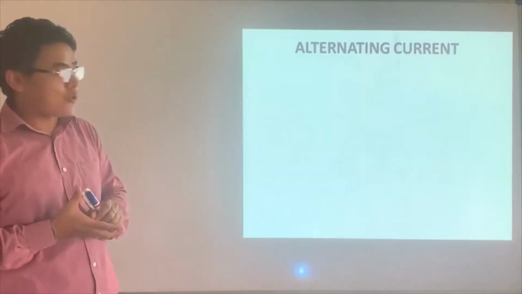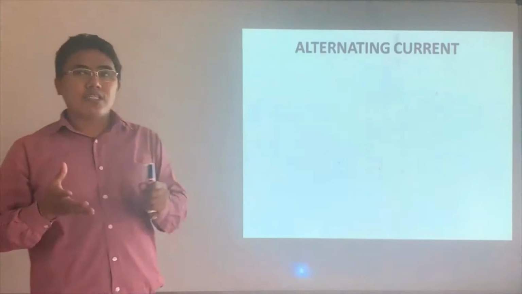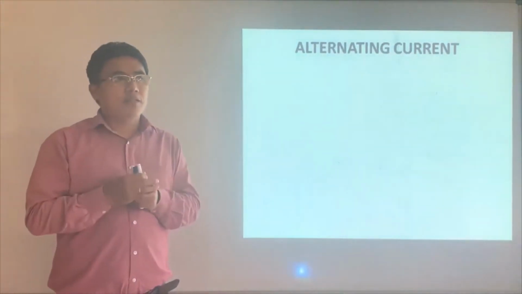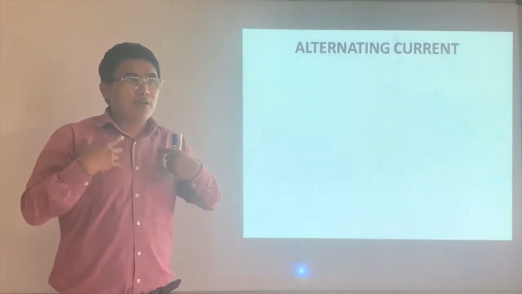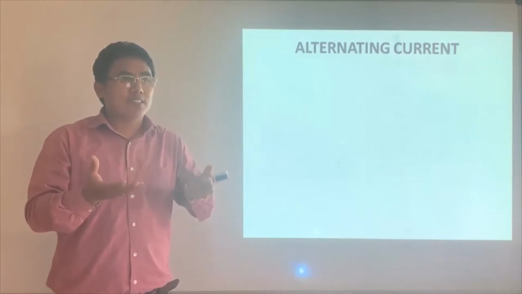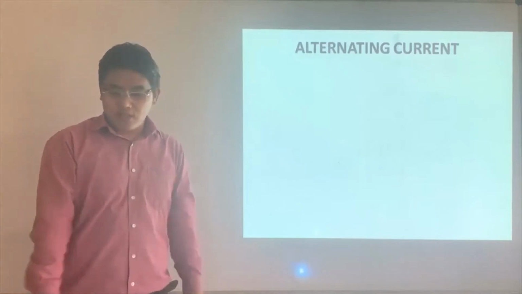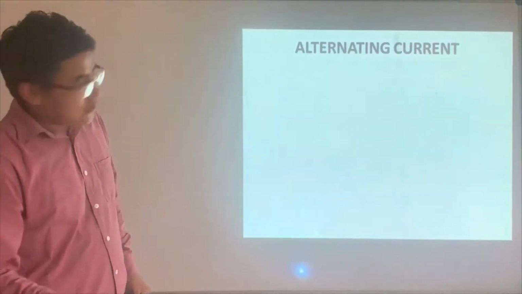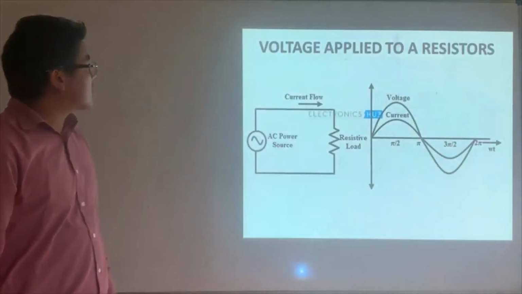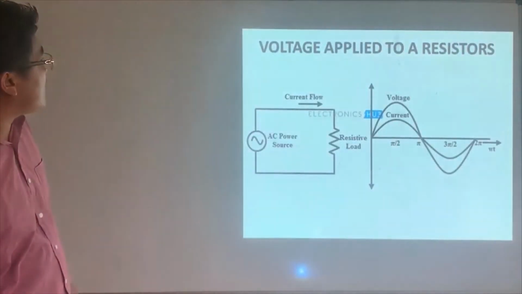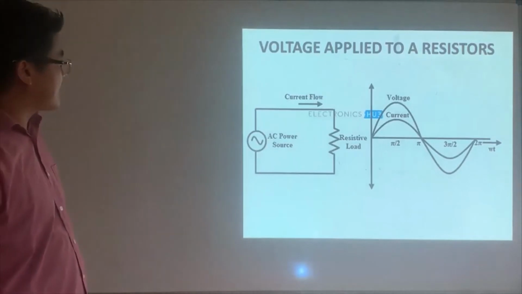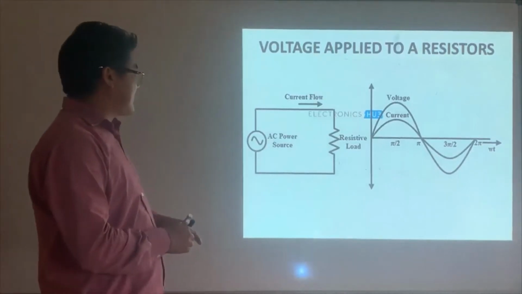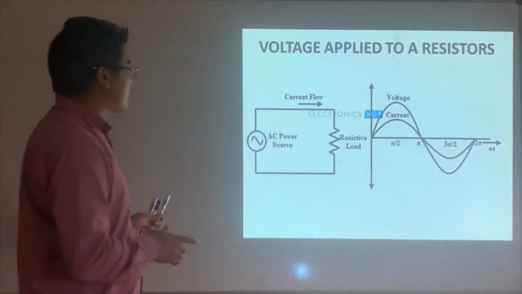We would like to study what happens if I apply alternating voltage to a resistor, and what about power. The first we would like to study is alternating voltage applied to a pure resistor.